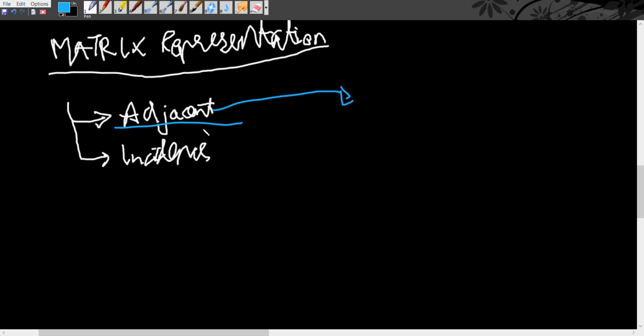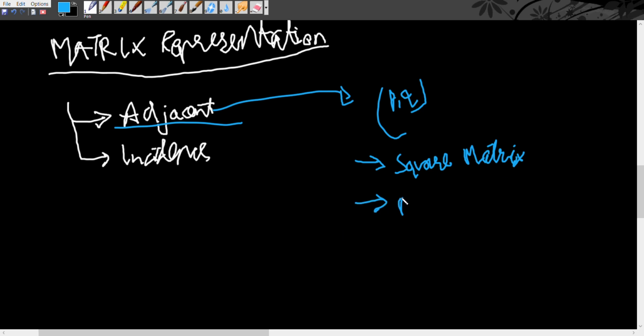It is defined for a (P, Q) graph, where P and Q are positive integers. An important property of this matrix is that it is a square matrix. That is very important. This is always a square matrix, so its order is P cross P, so P rows and P columns.